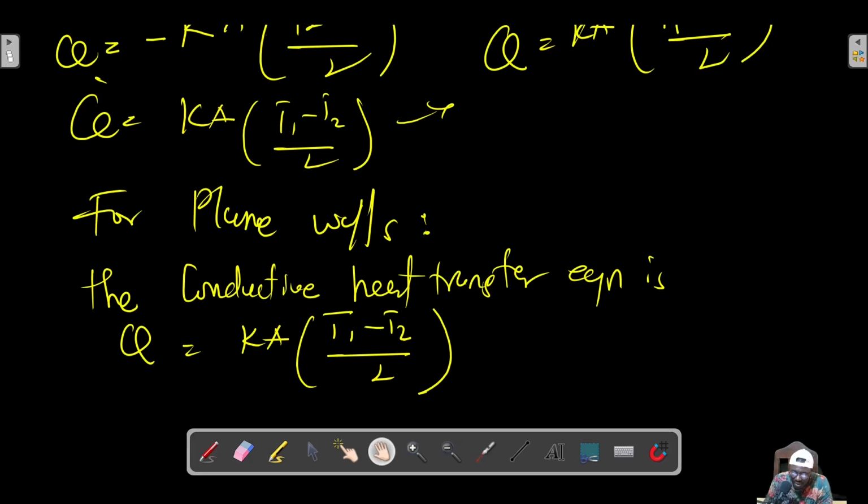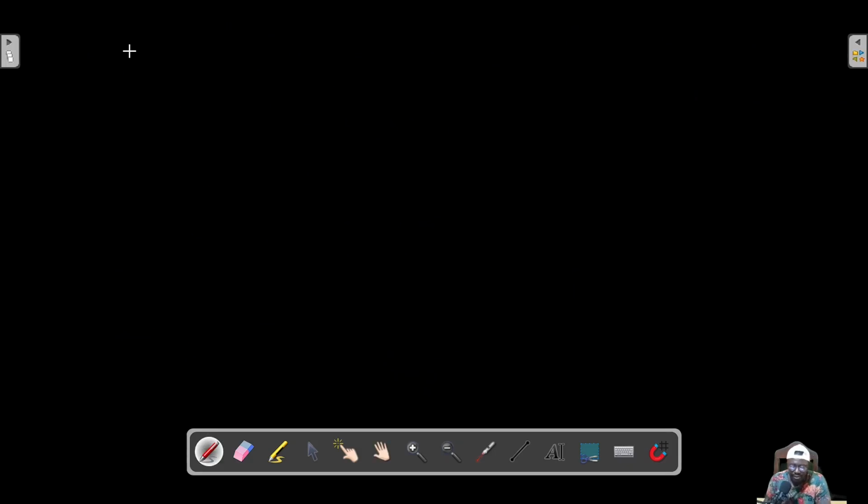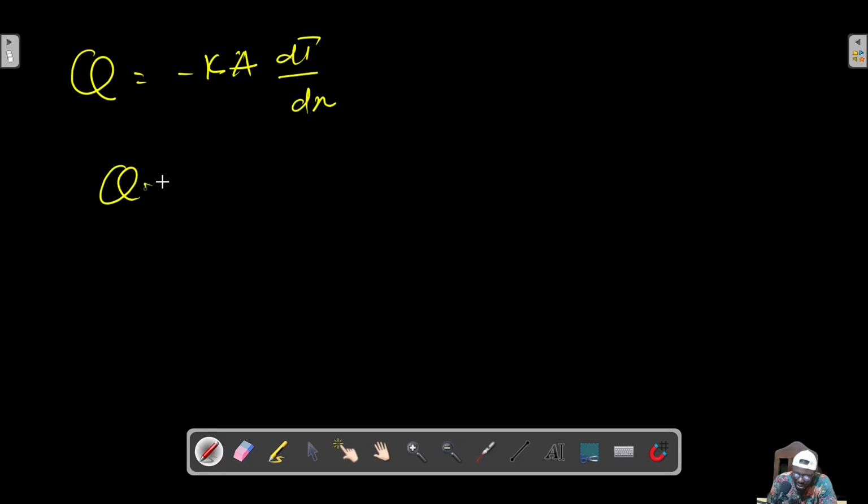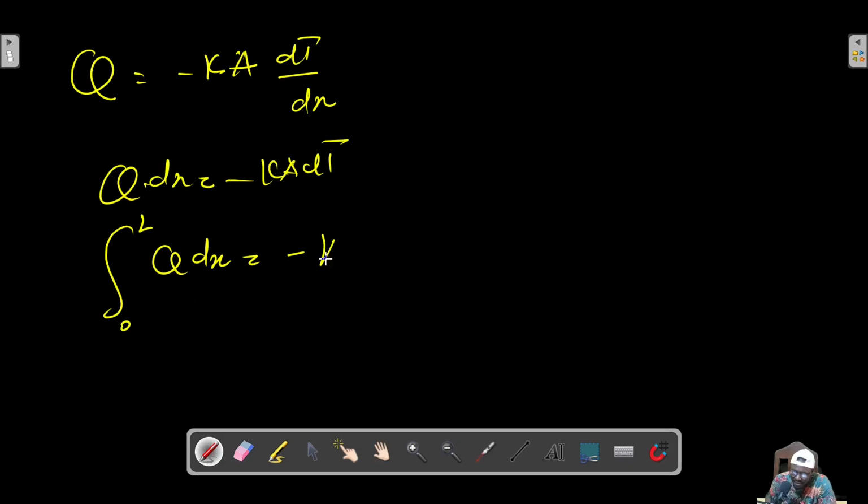Now, alternatively, we have another way of deriving this from that same Fourier's law. Q is equal to negative K A del T, which, since our temperature varies in just a single spatial coordinate, you can write as dT dx. Now, this is a differential equation, so you can just solve it. So Q dx is equal to negative KA dT. Integrate both sides, dx from 0 to L, and K and A are constant, integrate dT from T1 to T2.